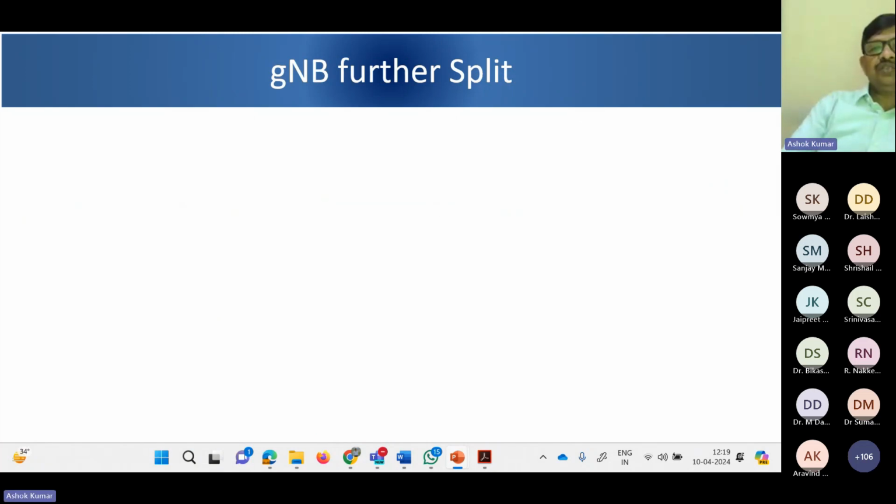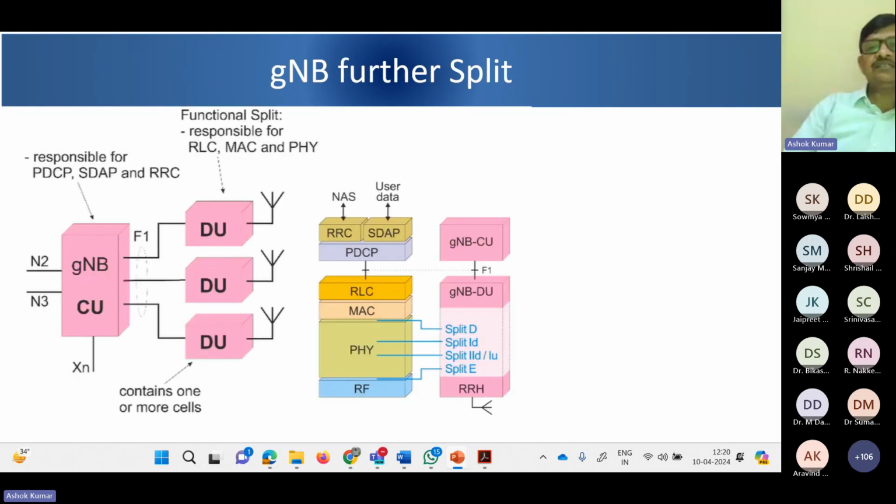So to support further split, we saw that the O-RAN Alliance is doing split 7.2. The Small Cell Forum is trying to do split 6. Basically, they are trying to have multiple splits in the physical layer itself.